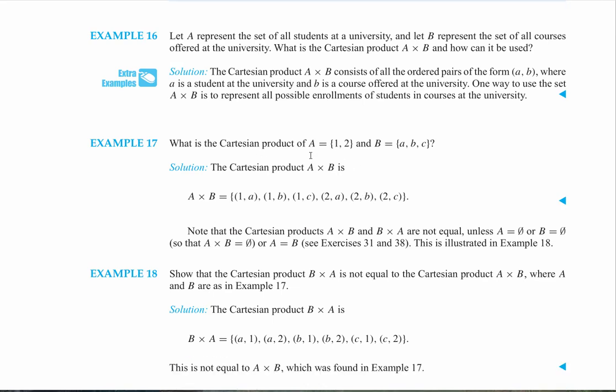Okay, so one more example. Here A is {1, 2}, B is {a, b, c}, and we want the Cartesian products. So we're making these pairs. The first thing has to come from A, so it's either 1 or 2. And the second element of the ordered pair has to come from B, so it's a, b, c, a, b, c. So we get six ordered pairs in this example.